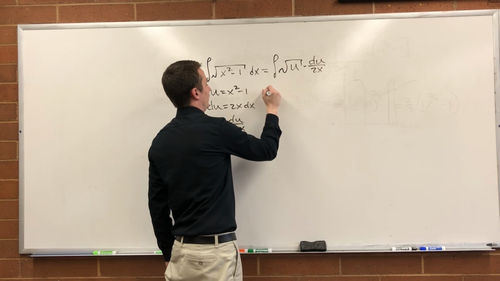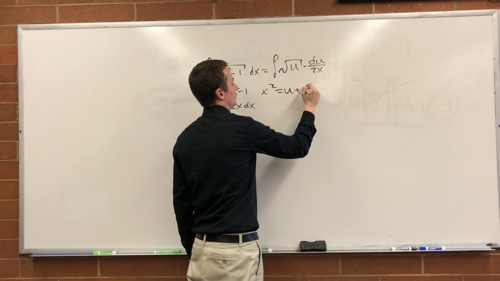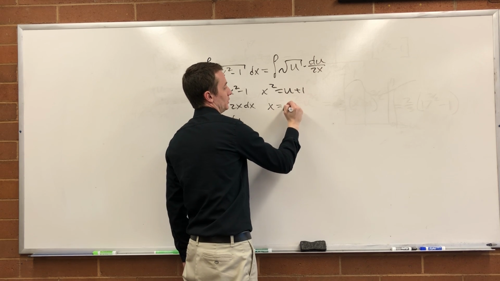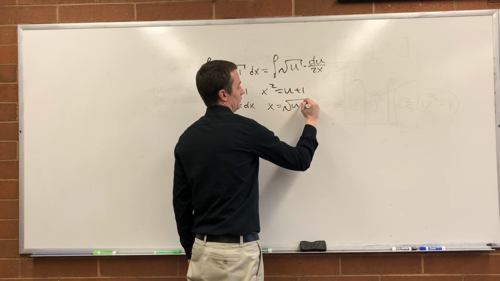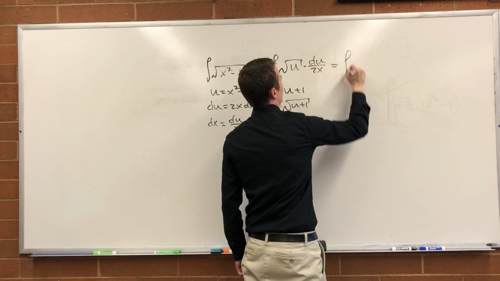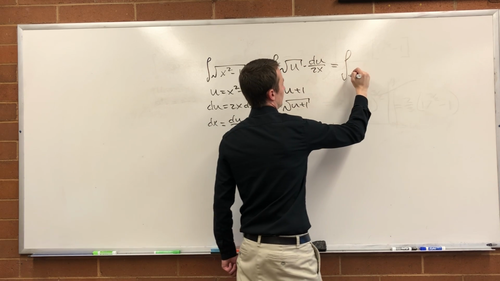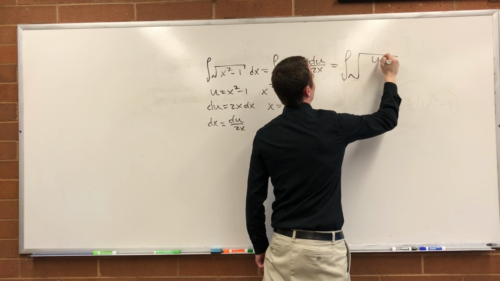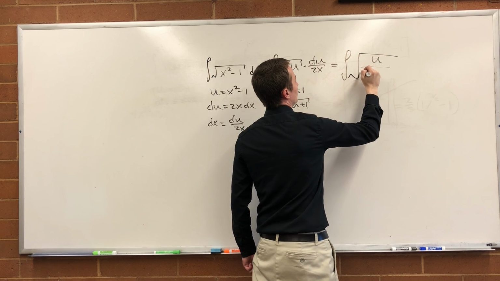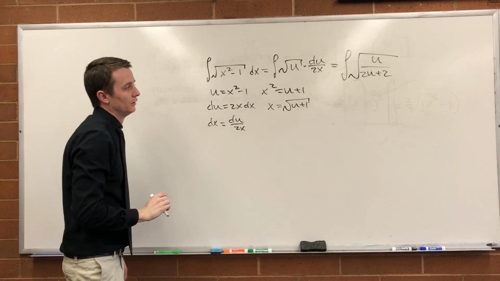So I know x squared is equal to u plus 1. So that means that x is equal to the square root of u plus 1, plus or minus. We'll just keep positive for now. So now, this is equal to the integral of the square root. We have square root top and bottom, so we can do it all in one big square root of u over 2 times the square root of u plus 1, because of that 2x, du.